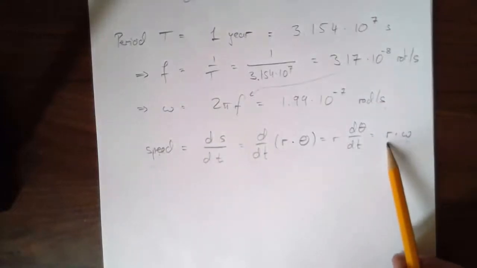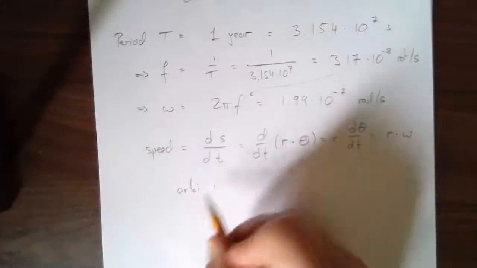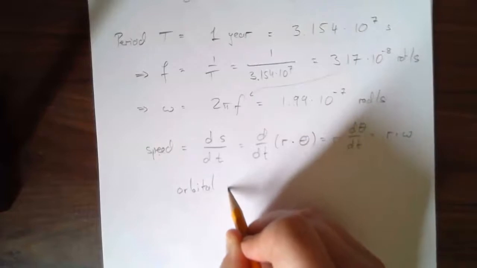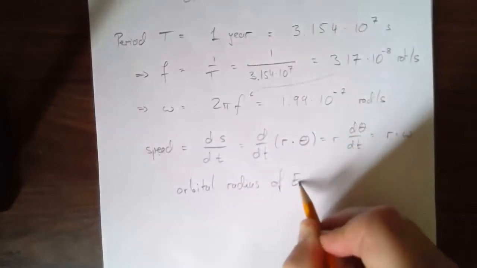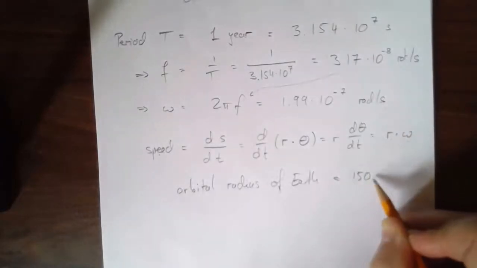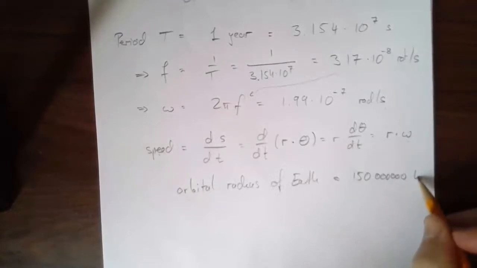So what is r? Now this is something we have to look up. The orbital radius of the Earth is about 150 million kilometers. That many zeros, kilometers.